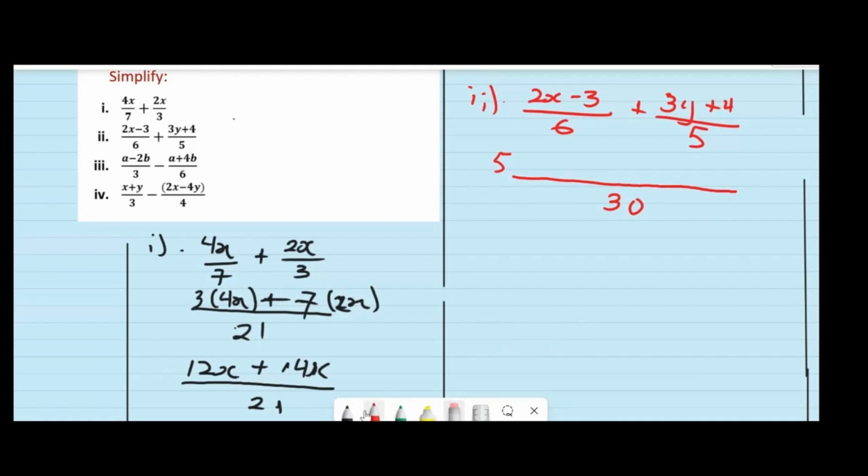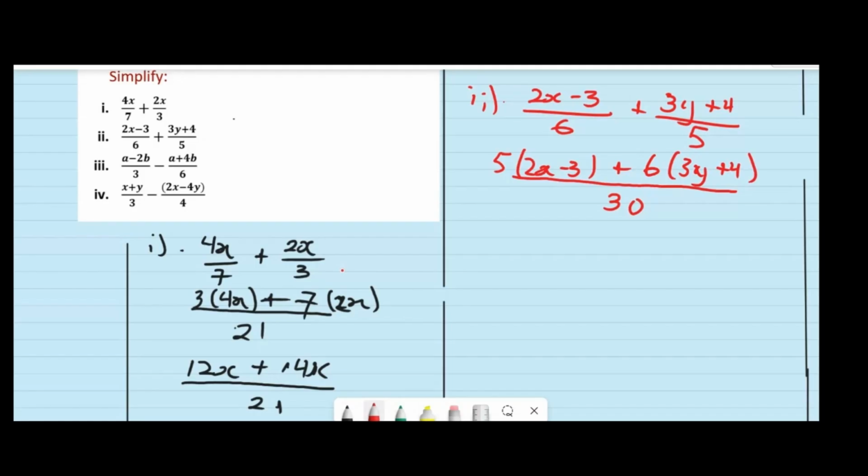Let's continue with that. We have to multiply 5 by the numerator, which is (2x minus 3), plus, and then 5 goes into 30 6 times, so that's going to be 6 multiplying the numerator, which is (3y plus 4).